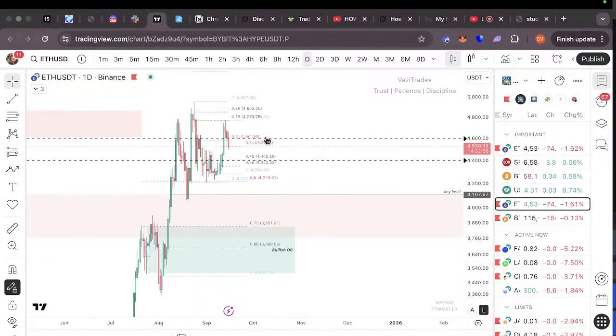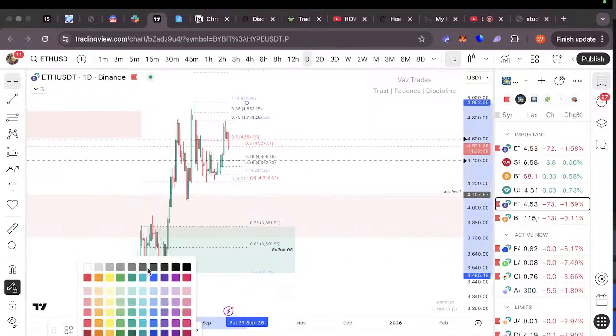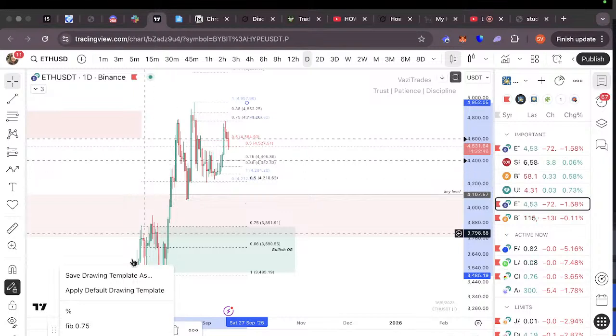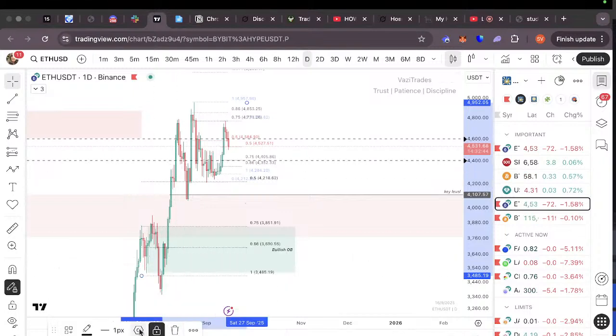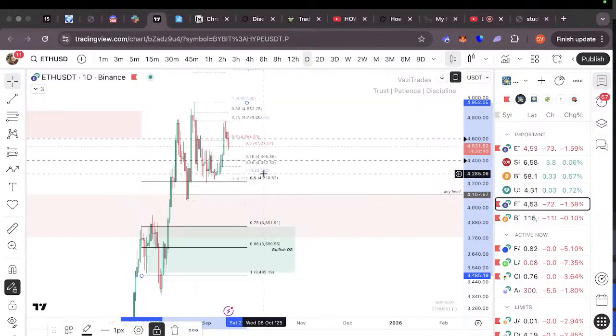So according to these Fibs, let me highlight them, this one. You can see these levels of this Fibonacci.